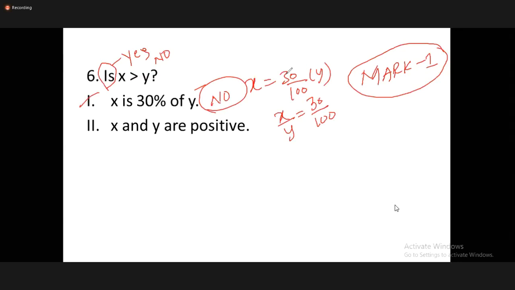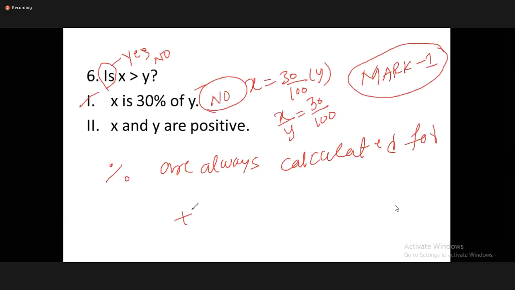So x is less than y. Please write down a note, everybody: percentages are always calculated for positive numbers only. So x is less than y.